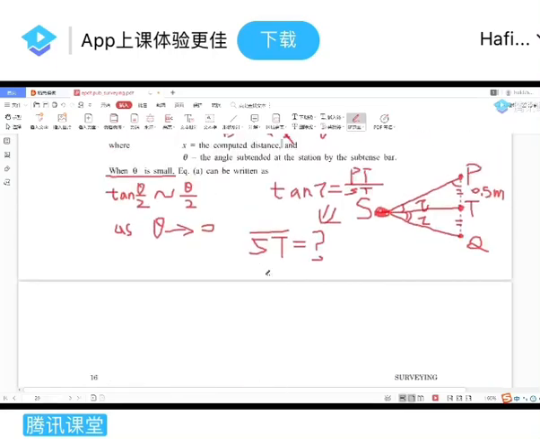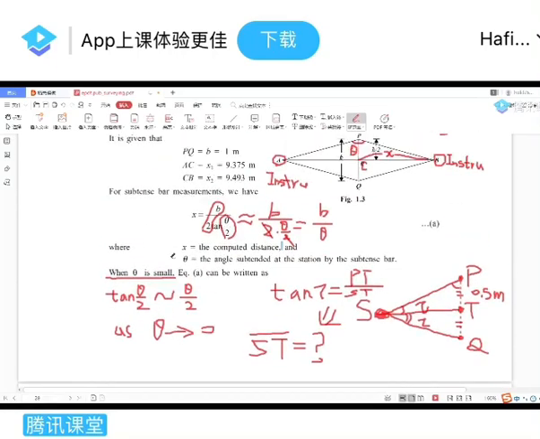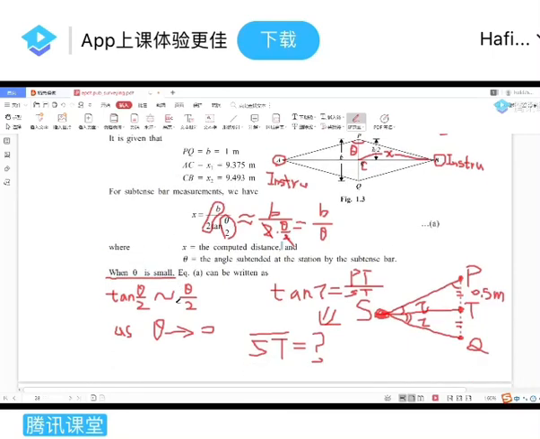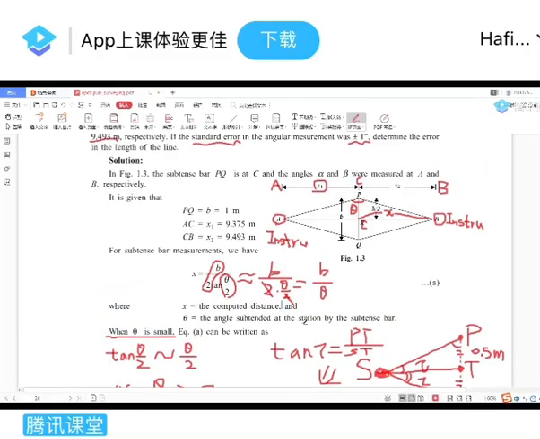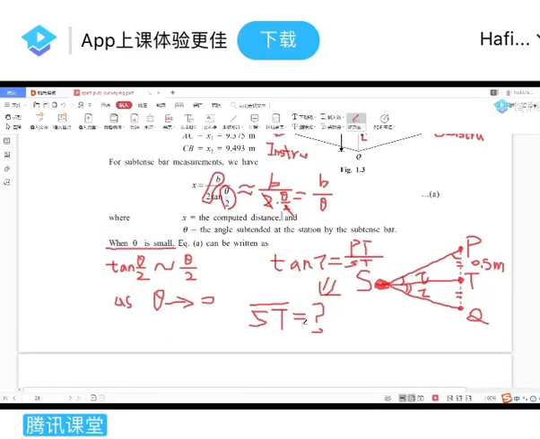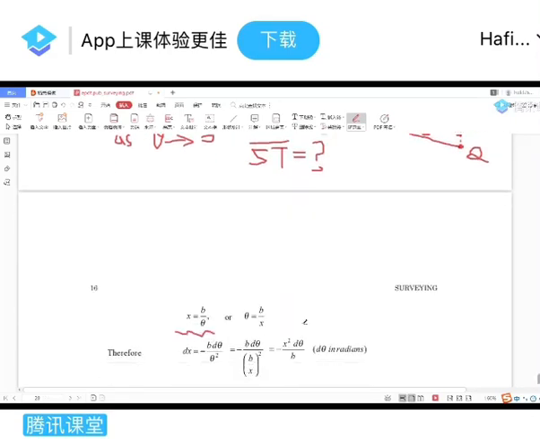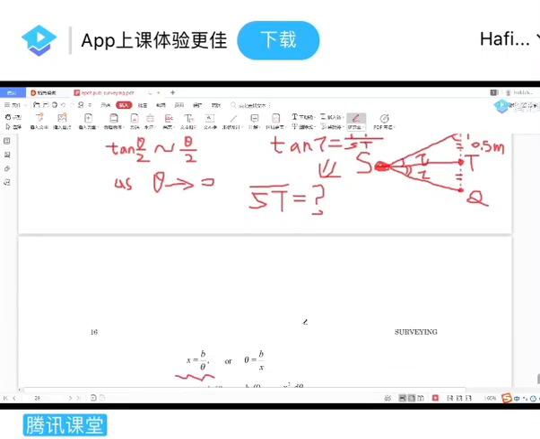That's the reason you have to resort to calculus, but based on one idea, that theta is small. This kind of approximation is kind of strict. You have to constrain theta to approach 0.